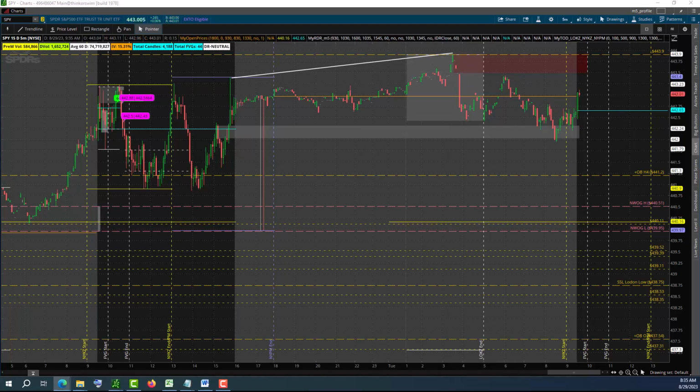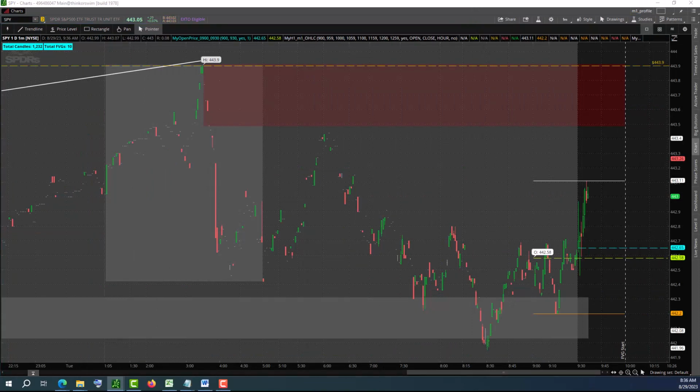It may retest again. So let's see how it plays. We want it to break out of this range in order for us to engage.